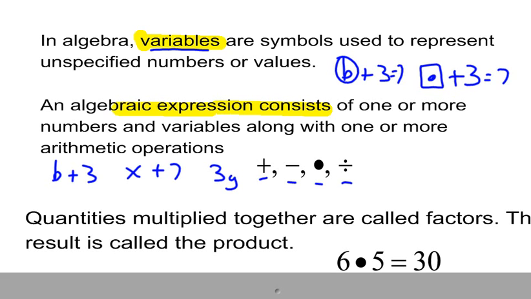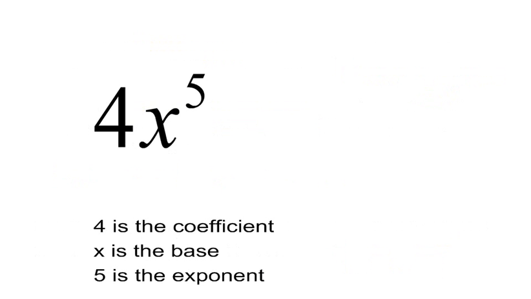Quantities multiplied together are called factors. Here we're multiplying two quantities, 6 and 5. Those are the factors. And the result, the 30 over here, is the product. Now 4x to the 5th power.